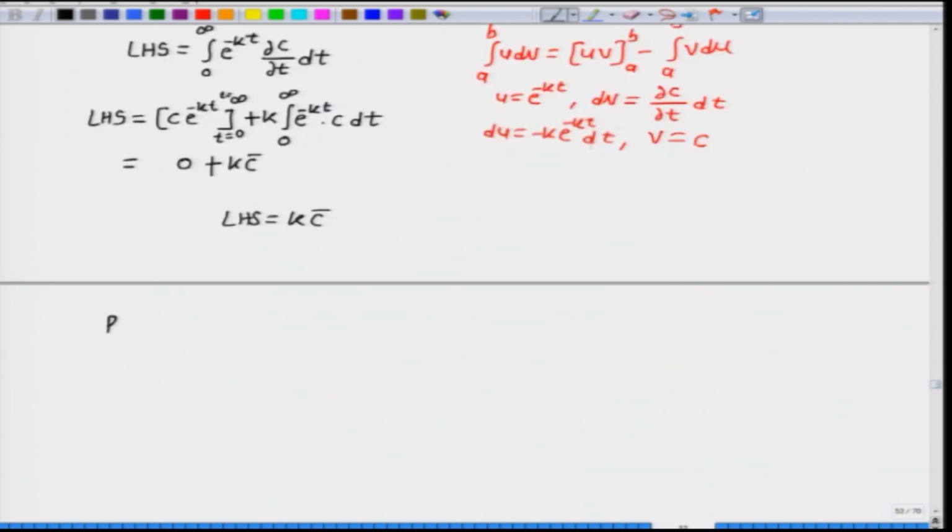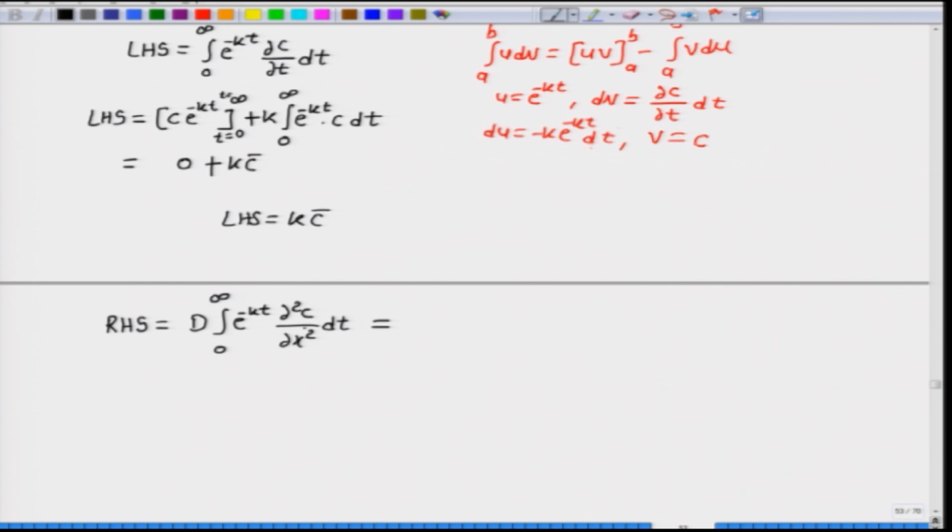Now, let us look at RHS, which is equal to D integral 0 to infinity e to power minus kt ∂²c/∂x² dt. Just like we did for the previous problem, e to power minus kt is independent of x.